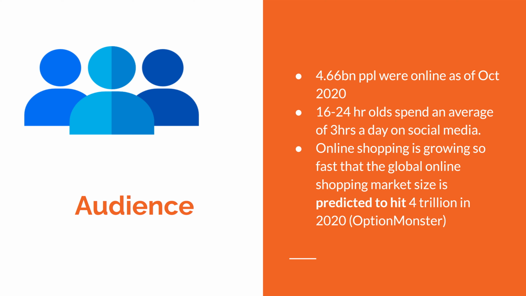Also, online shopping is growing so fast that the global online shopping market size was predicted to hit 4 trillion in 2020. Now we're in 2021. It has since passed. So, given these large numbers, it means you have a very big audience. That is, you have so many people who have problems that you have to solve online.